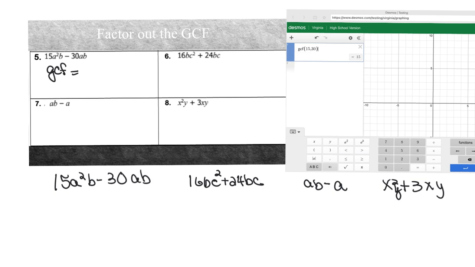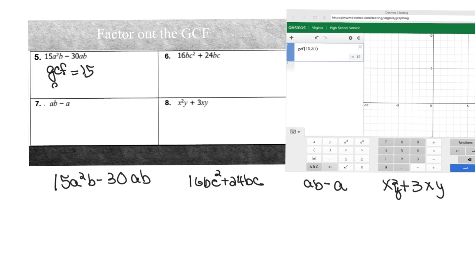All right, on the first problem, problem number 5, we are finding the GCF of this binomial 15a squared b minus 30ab. I typed into Desmos the GCF of 15 and 30, and I find that the number part is going to be 15. Now, to do the variables, listen carefully.